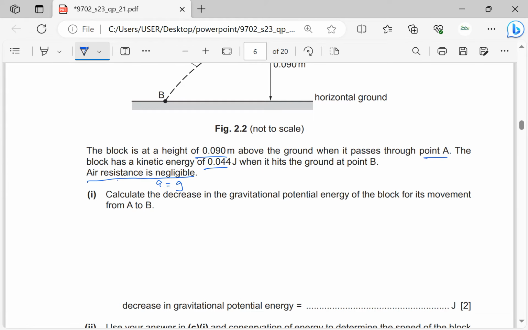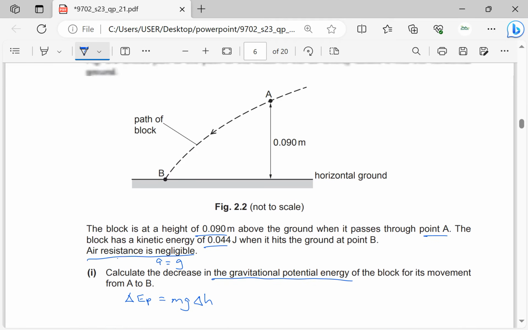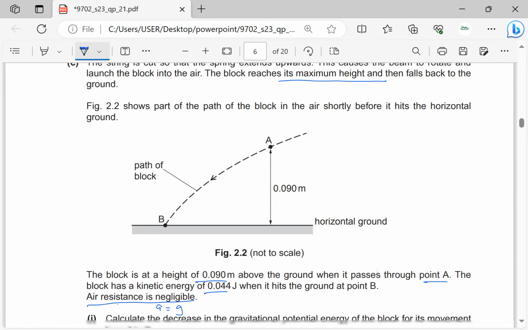Calculate the decrease in gravitational potential energy. So we know that the decrease in gravitational potential energy is given by mg times the decrease in the height h. Of course, mg is the weight. If we have been given the weight, it would be fine.